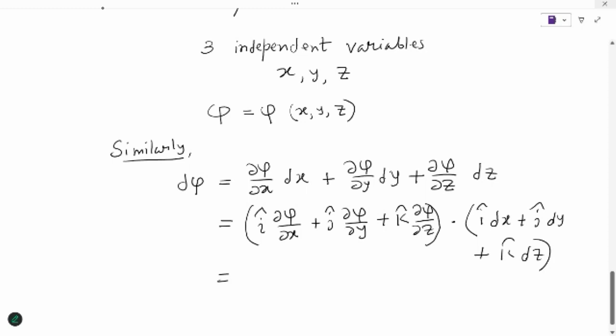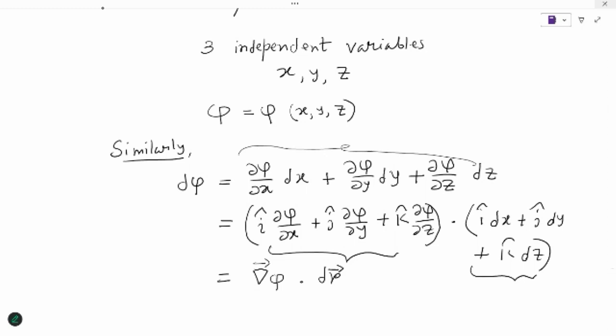And the first expression is a vector, and this expression is also a vector. So what we have done is that we turn a scalar into a dot product of two vectors. One is called the gradient of phi, and the other is called the infinitesimal differential vector of r.